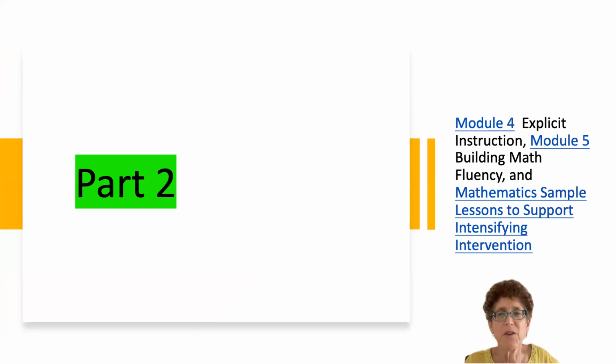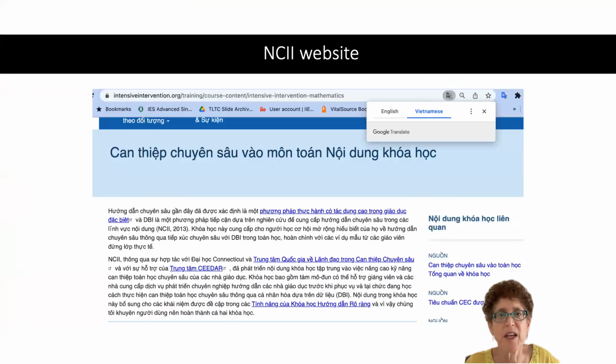Then for part 2, you're going to go to a different website and explore 3 different resources from that website. You're going to be using the NCII website, which has information on intensifying instruction, and we're focusing on math this week.